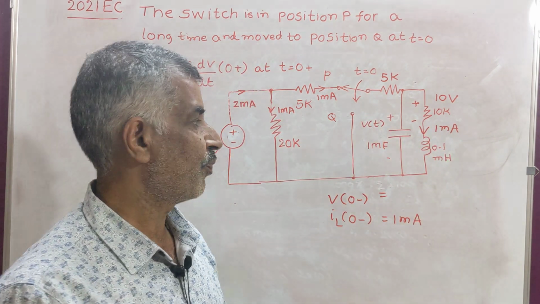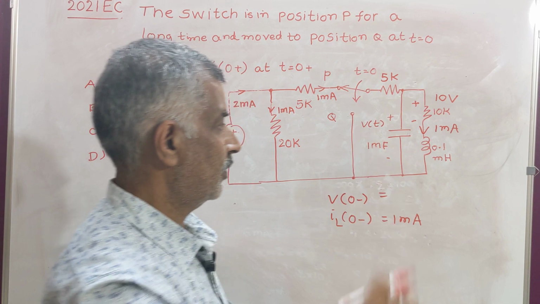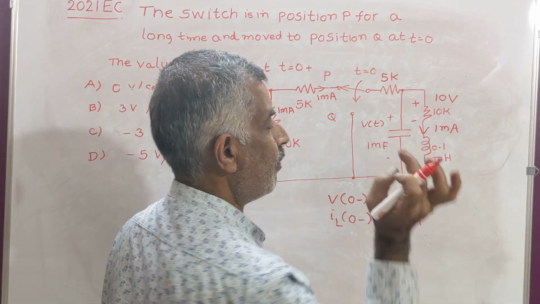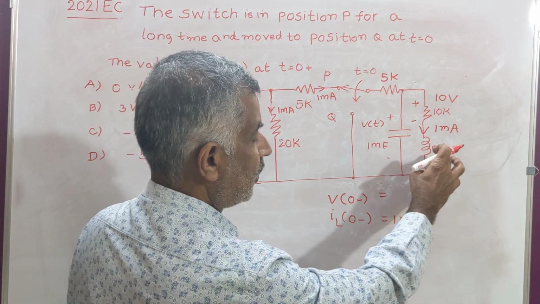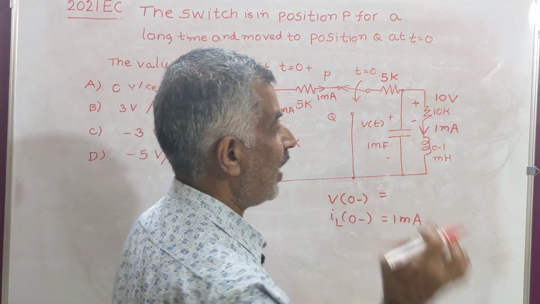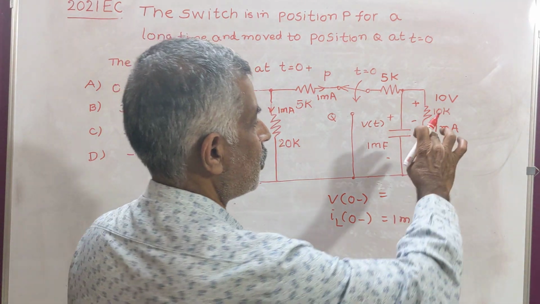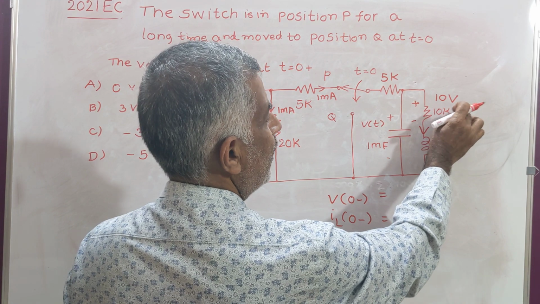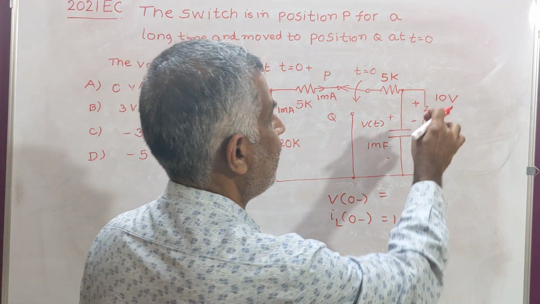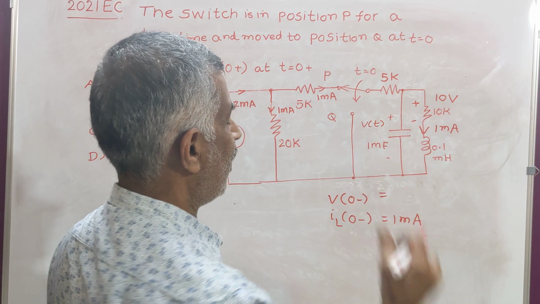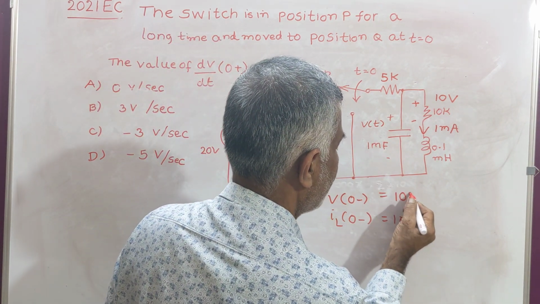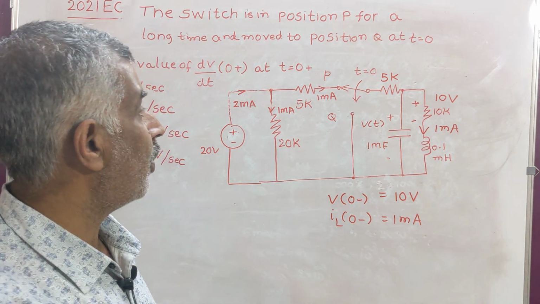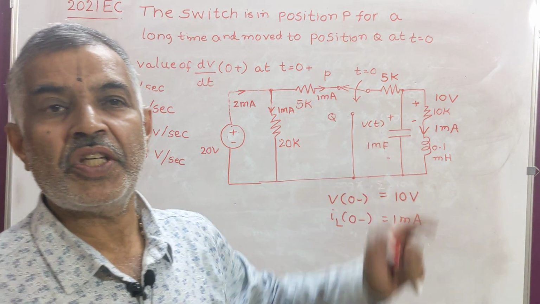Therefore there is no drop across the inductor, because it is carrying a constant current of 1 milliamp, having a value 0.1 millihenry. Therefore this drop is 0. Therefore V0 minus is the same as this resistor drop, that is 10k multiplied by 1 milliamp, that is 10 volts.